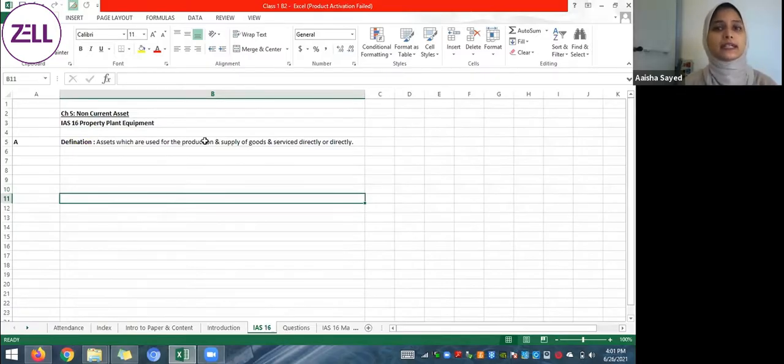But for any other company, the furniture can be property, plant, and equipment. They don't trade in it, but they indirectly use it for the supply of goods or services, because it's used in the office premises, or in the factory as furniture for all the workers. So indirectly it's being used. That's why it would become an item of property, plant and equipment.